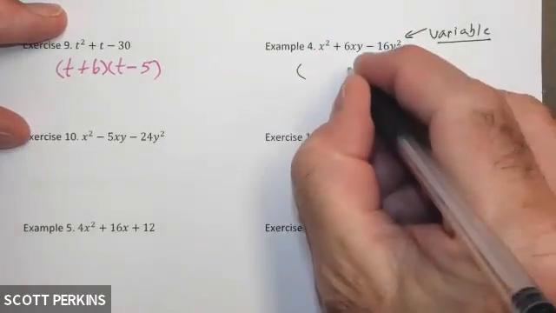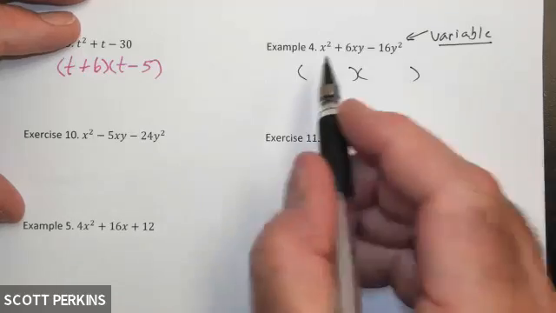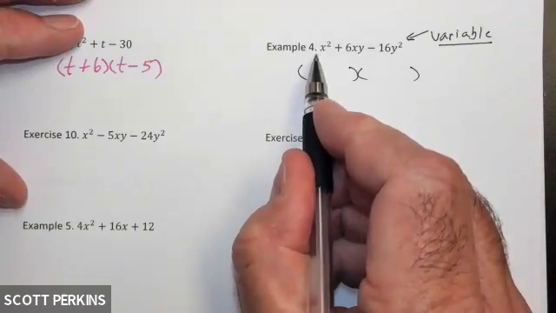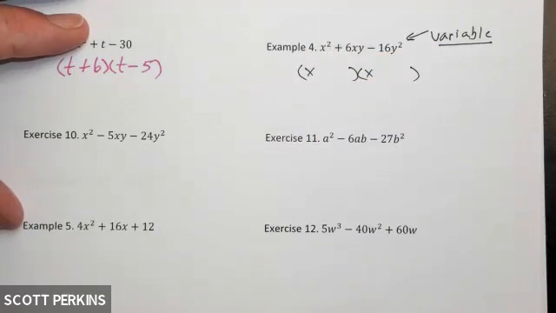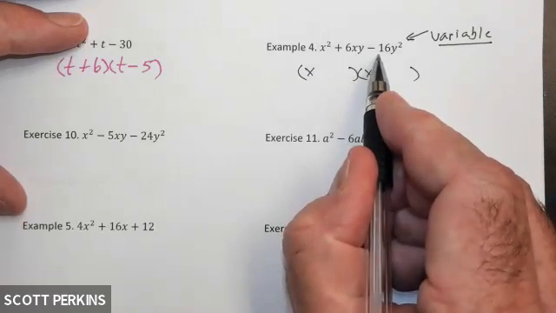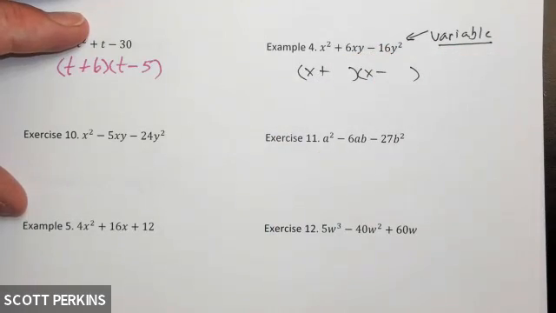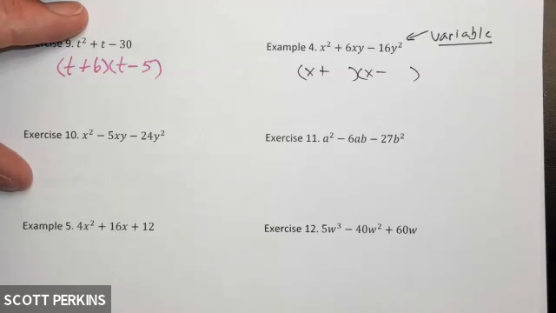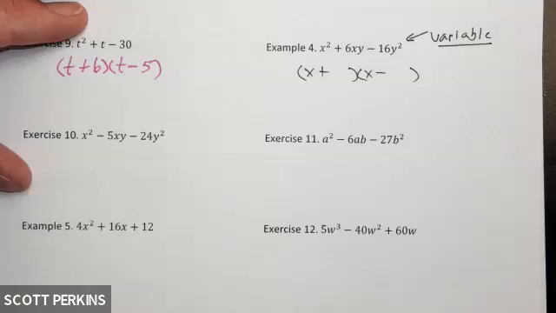So what I'm going to do is unfoil in my usual way. My x squared, since it has a 1 in front of it, the only choices are x and x. The 16 has a negative in front of it, so my signs have to be a positive and a negative, or a negative and a positive. The two factors of 16 that are 6 apart are going to be 2 and 8.